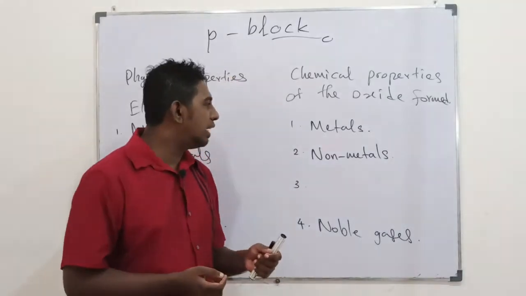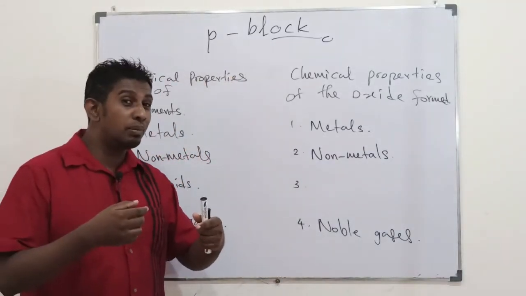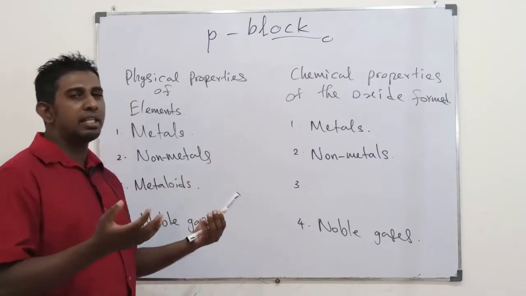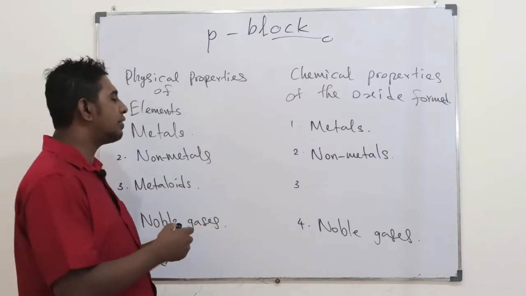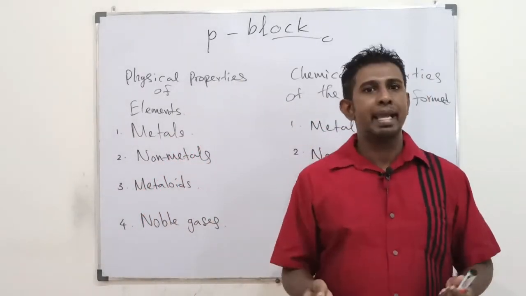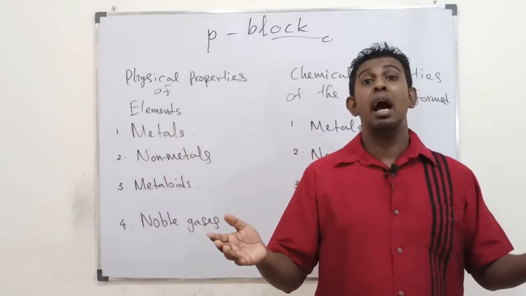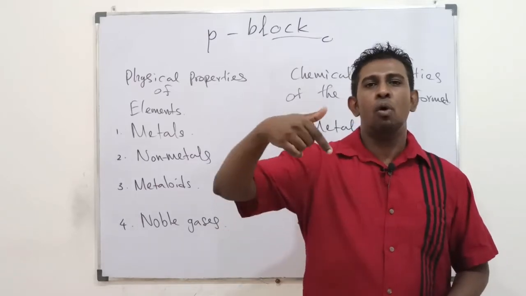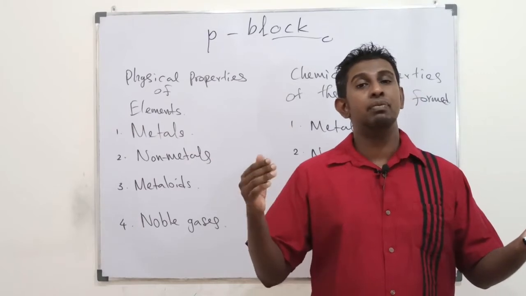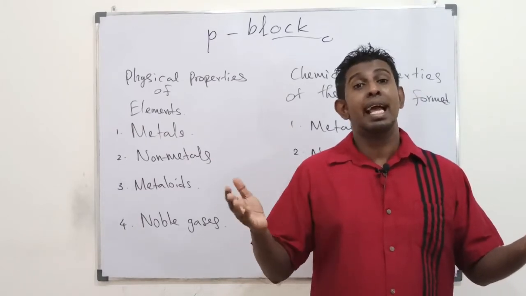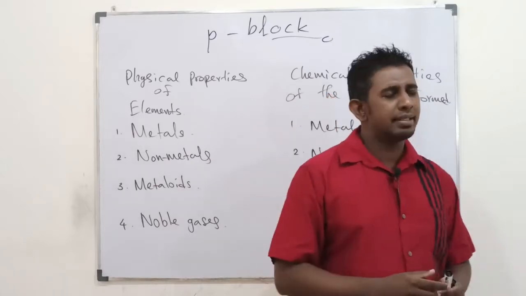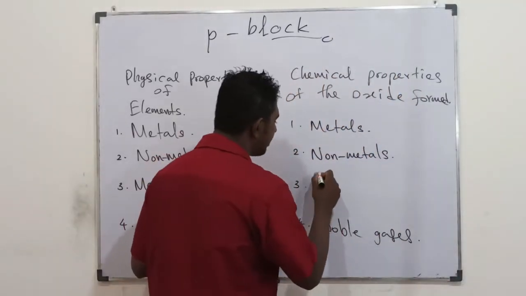Okay, then students, some oxides have both acidic character as well as basic character. Those oxides were named as amphoteric oxides. So, if an element forms all its oxides as amphoteric, then the element could be named as an amphoteric element.